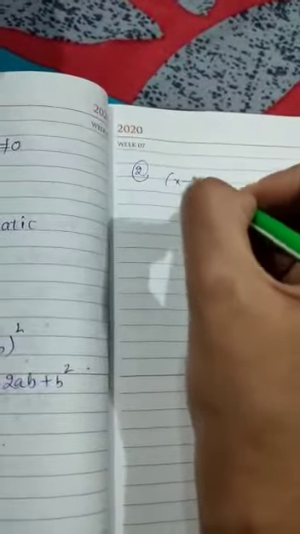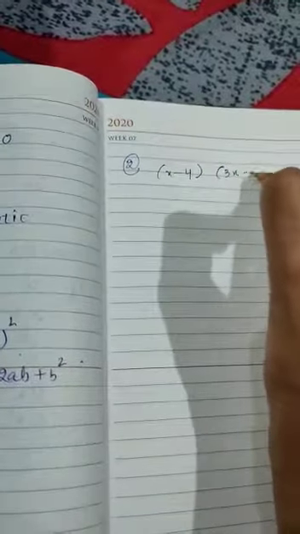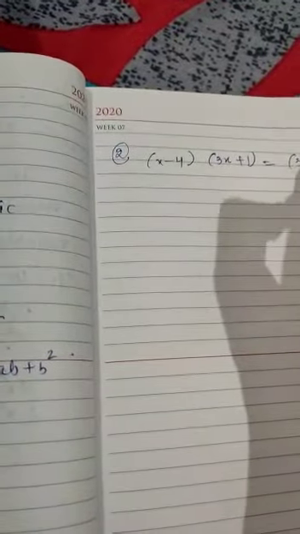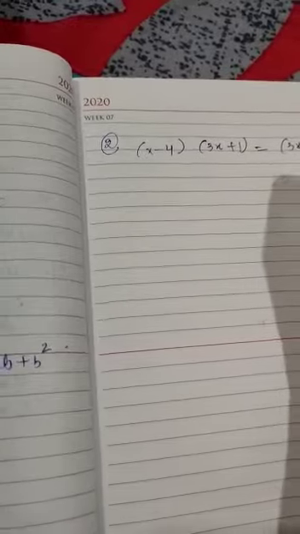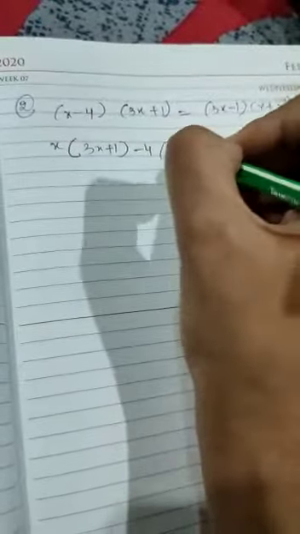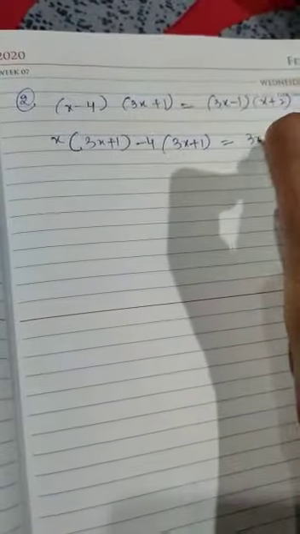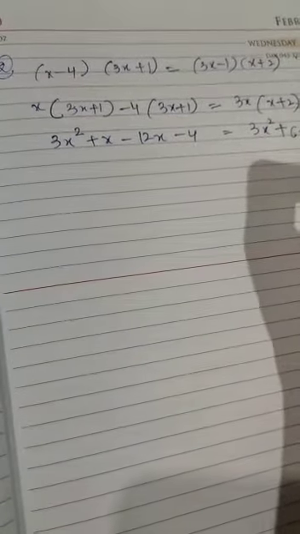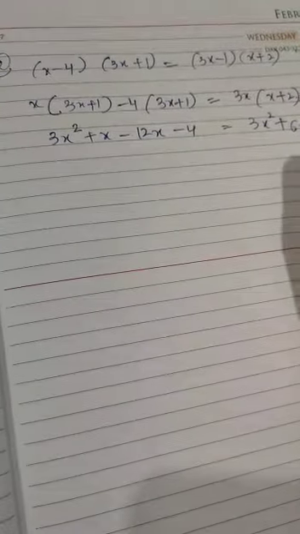So by using this we can solve other questions also. Like the second question is x minus 4 into 3x plus 1 is equal to 3x minus 1 into x plus 2. We know that x will multiply with the whole bracket 3x plus 1, minus 4 multiplies with 3x plus 1, again 3x multiplies with the whole bracket minus 1, x plus 2. So x into 3x is 3x square, x minus 12x minus 4. 3x square, 3 into 2, 6x minus 1 x plus minus 2.